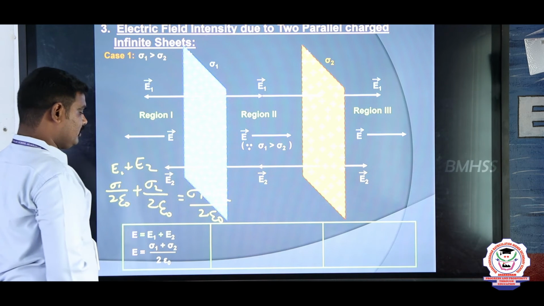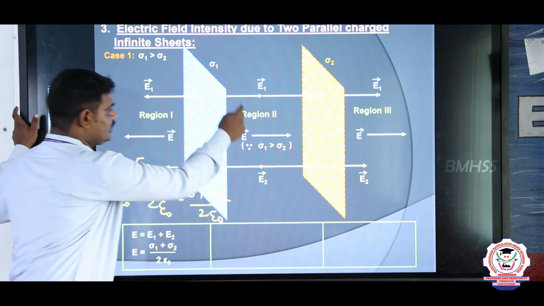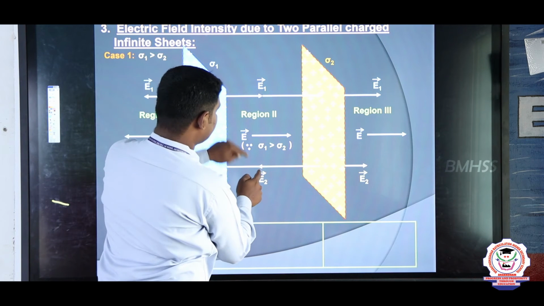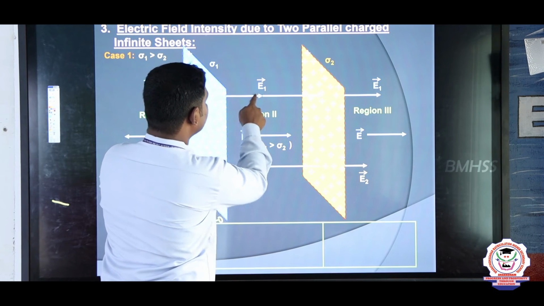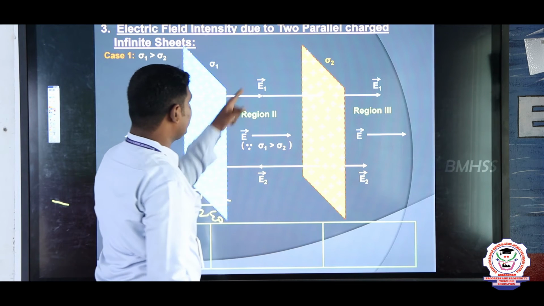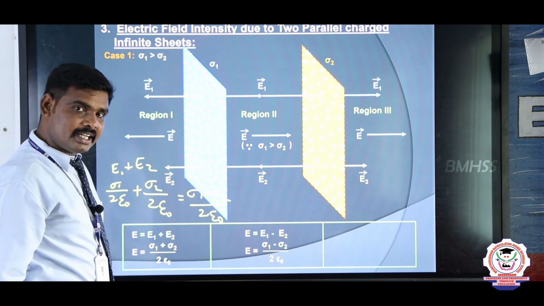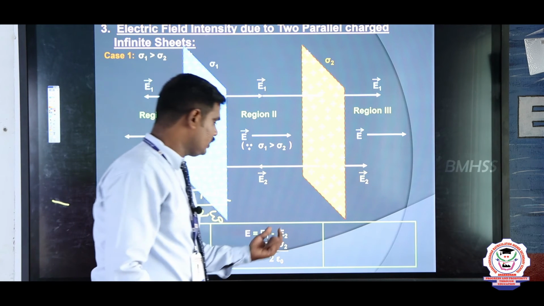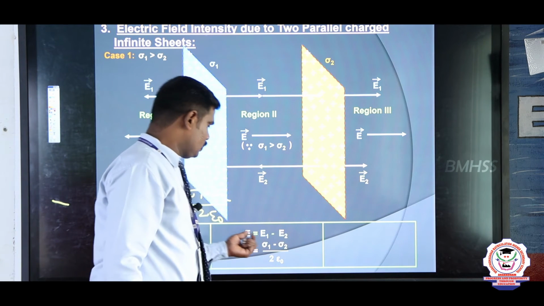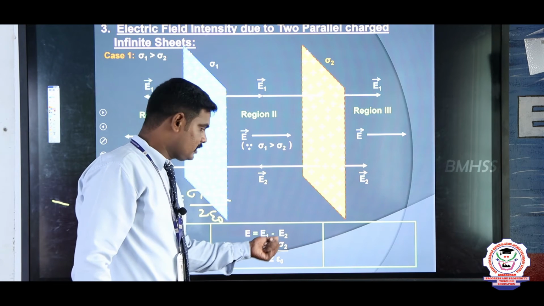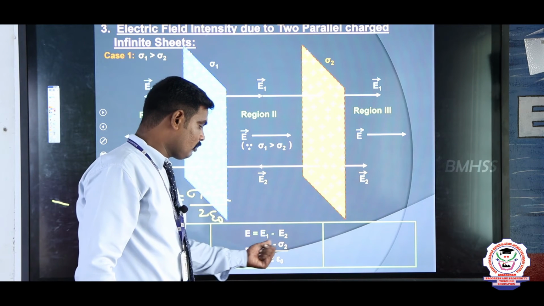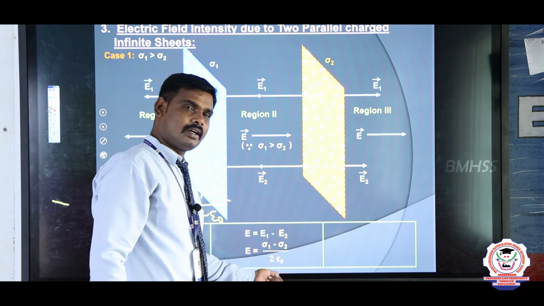Like that, for region 2, E2 and E1 are acting in opposite directions. That's why we have to subtract: E is equal to E1 minus E2, so sigma 1 minus sigma 2 divided by 2 epsilon naught.